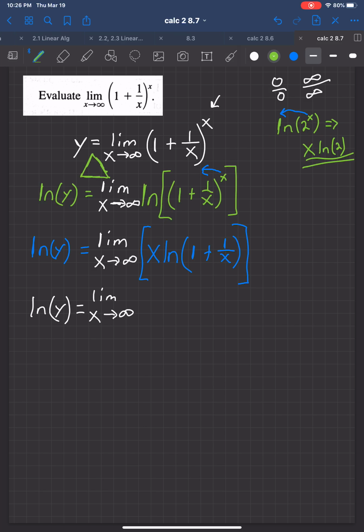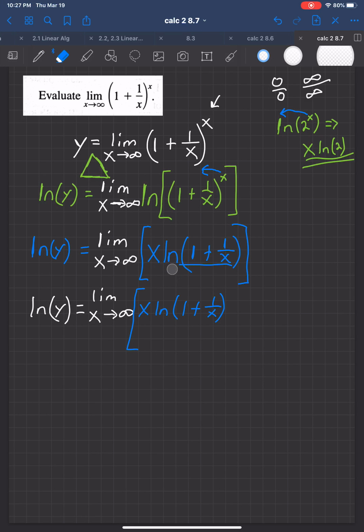What I'm going to do is think about this as a fraction over 1. Ready? I don't want to jump ahead. So I'm going to rewrite x ln of 1 plus 1 over x.